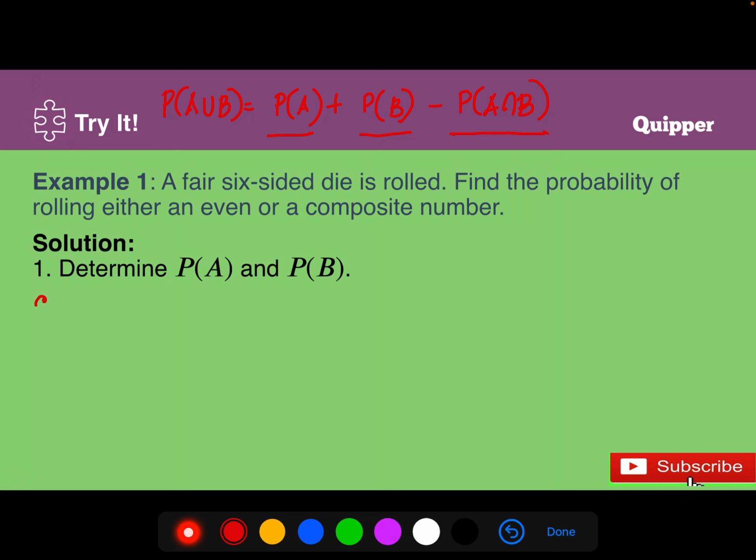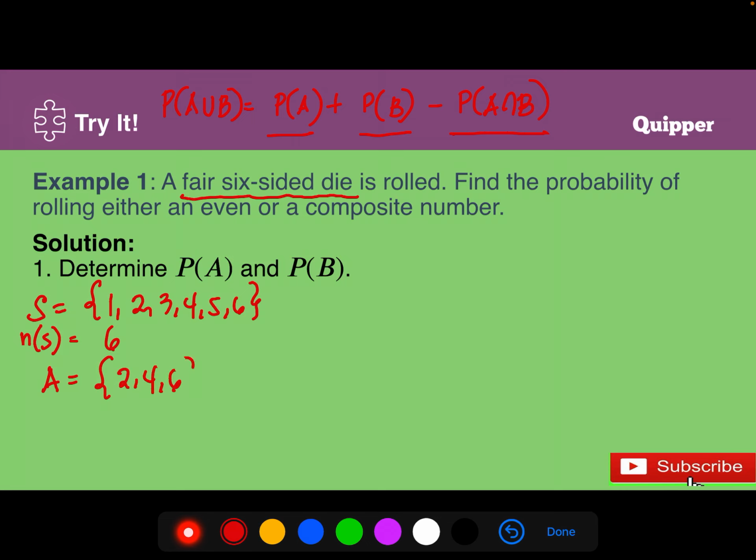We will start from the sample space. The sample space is from 1 to 6, since again we are using a fair six-sided die: 1, 2, 3, 4, 5, and 6. And n of S is equal to 6, since there are 6 elements. Then for set A, we have the even numbers 2, 4, and 6.